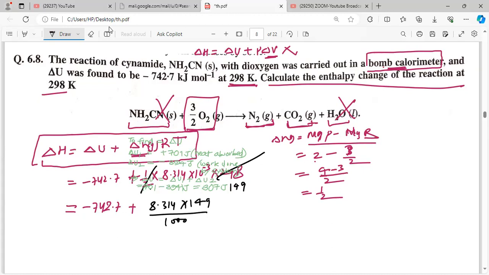Can you see this one? Then it will be a positive term. Now you solve this one. You can do the rounding off also: 8.314 we can use 8.3, and 742.7 we can do 743. It is coming 1238.78 divided by 1000.